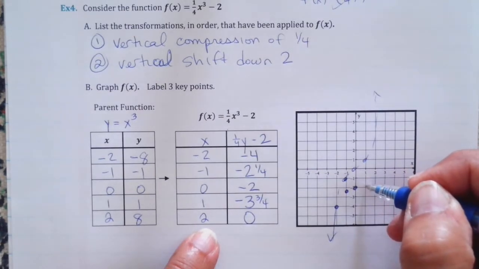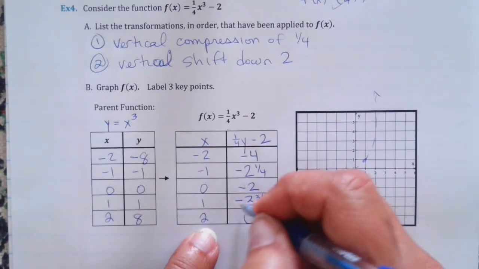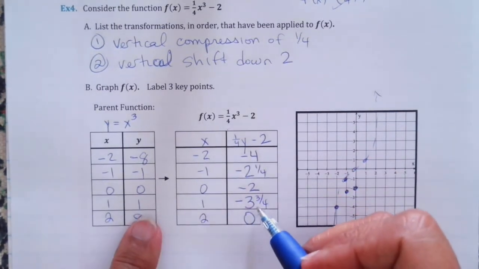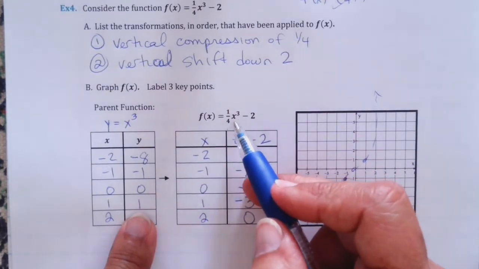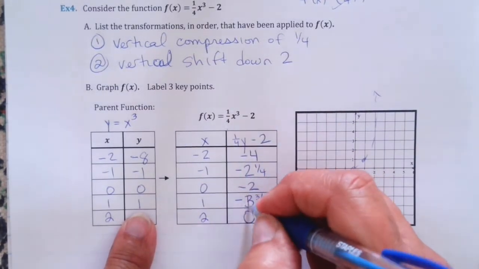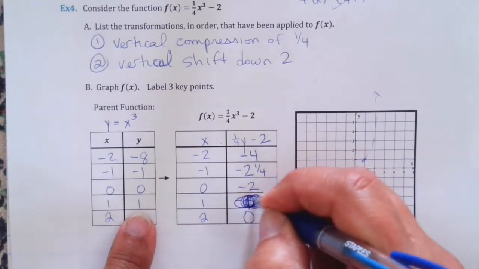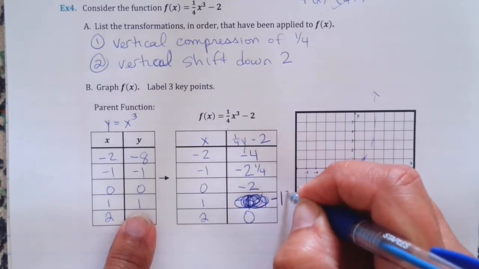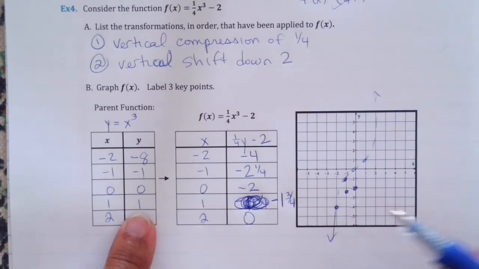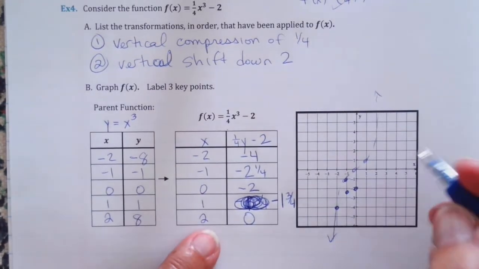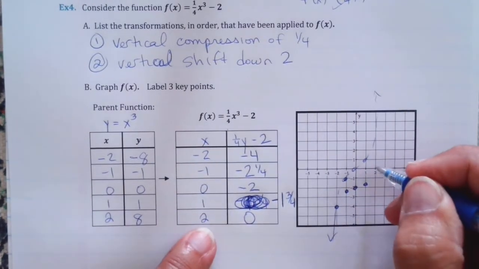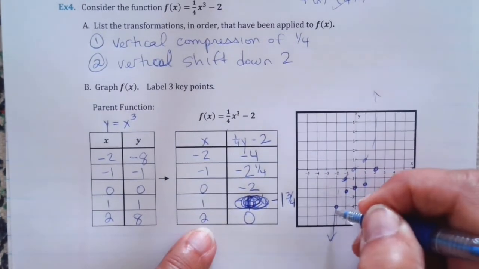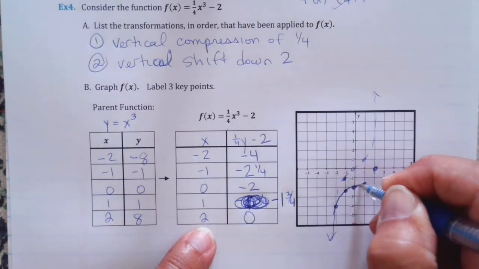Let me do that one again. 1/4 of 1 is 1/4 minus 2 is -1 3/4. Catch my mistakes. Sorry about that. So 1, -1 3/4. That makes more sense. And then 2, 0. All right, so there's my new graph.